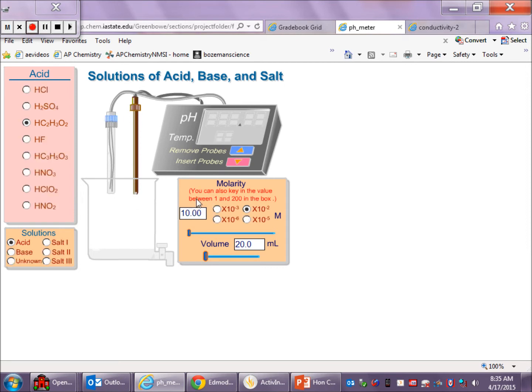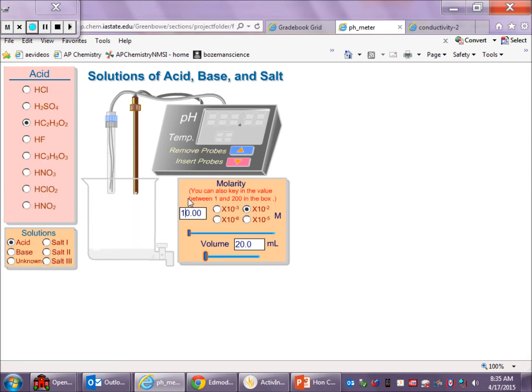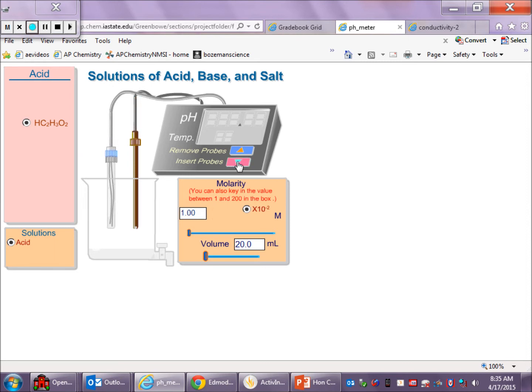Now it is 0.1 molar. And I insert the pH probe and I see the pH is 2.87. I dilute it again to 0.01 and check the pH. It is 3.38.